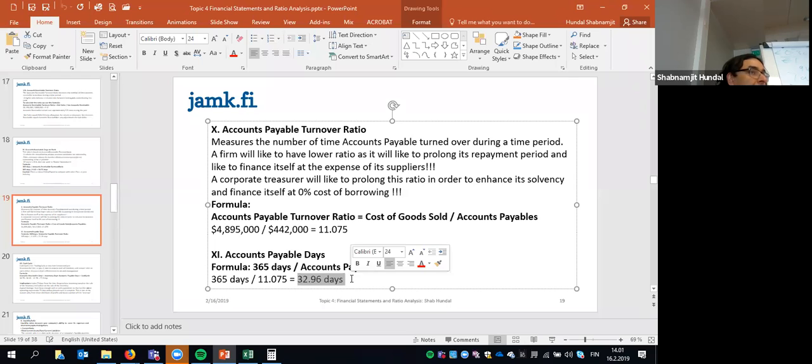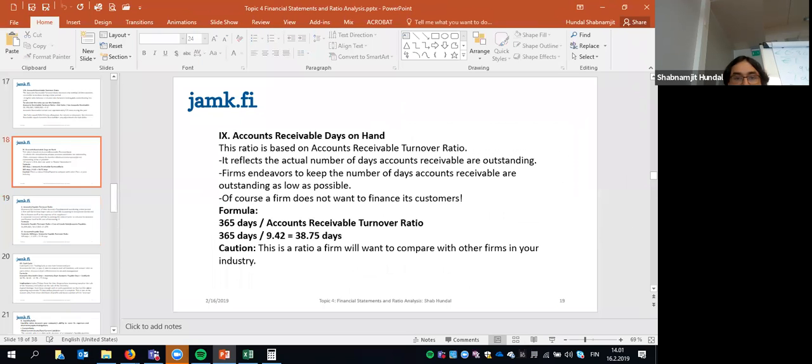So you make your supplier wait. Whereas in the previous case, your customers make you wait for 39 days on average before you receive the money.